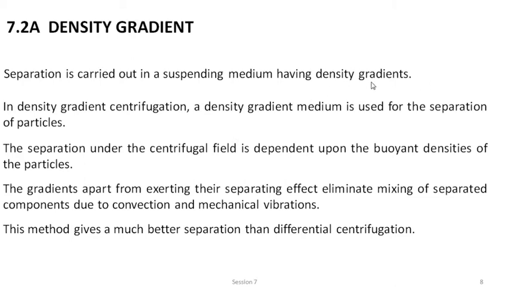So if such gradients are present and you are carrying out separation using centrifugation, it is called density gradient centrifugation. In a density gradient centrifugation, a density gradient medium is used for separation of particles. The separation under the centrifugal field is dependent upon the buoyant densities of the particles. I told you it is dependent upon the densities.